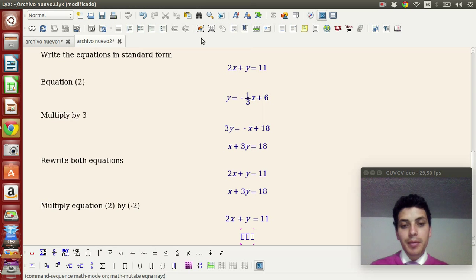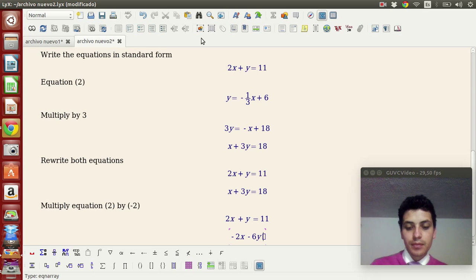And then I multiply the second by minus 2, so it will be minus 2x, plus negative 3 times 2 is 6, y, equals negative 2 times 18, negative 36.